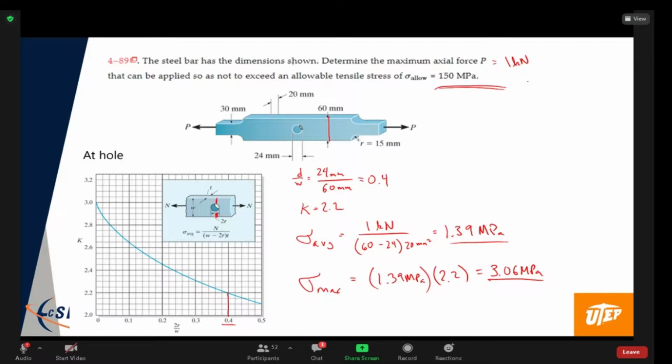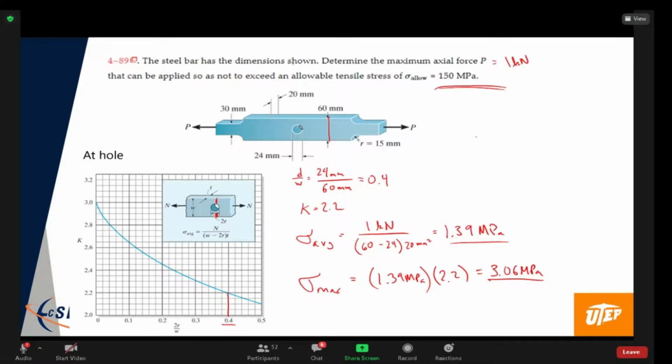But to get to the 150, what would we need to do? Let's do it. So 150 divided by the 3.06 gives me 49.